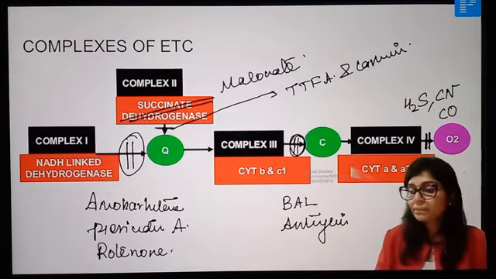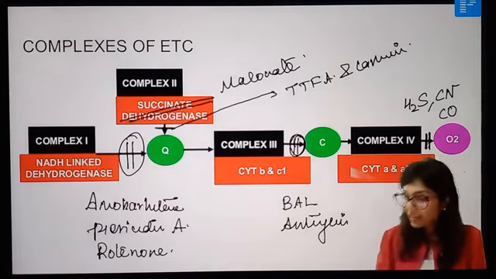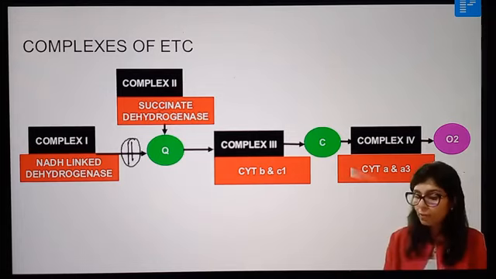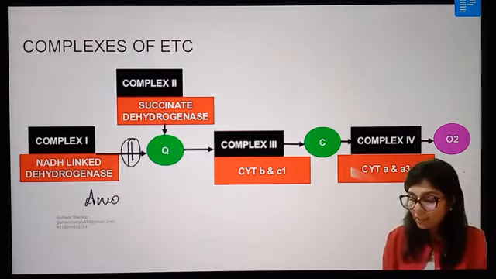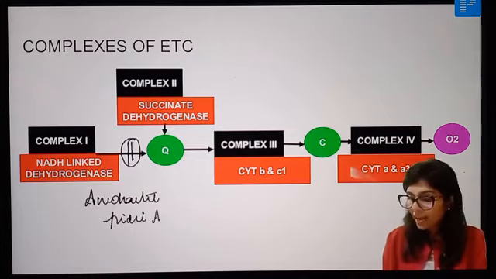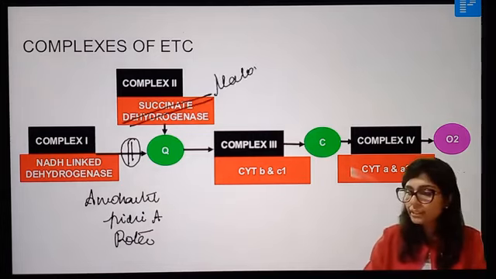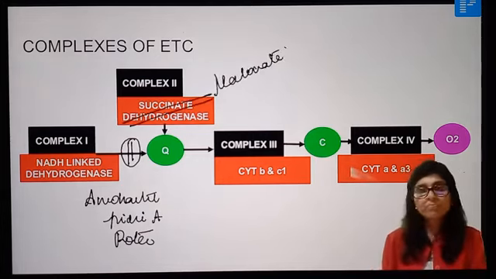So can we repeat this, all of you? Answer please. Between complex 1 and Q is inhibited by what? Amobarbitol, piericidin A and rotenone. Complex 2 or succinate dehydrogenase is inhibited by malonate.